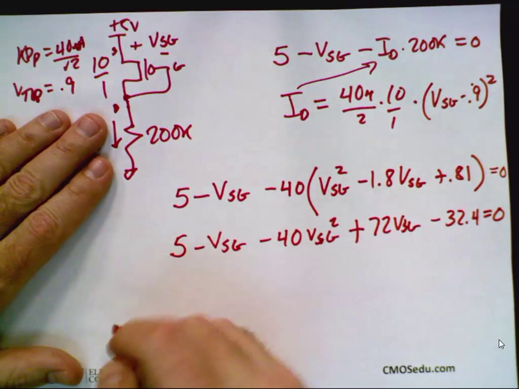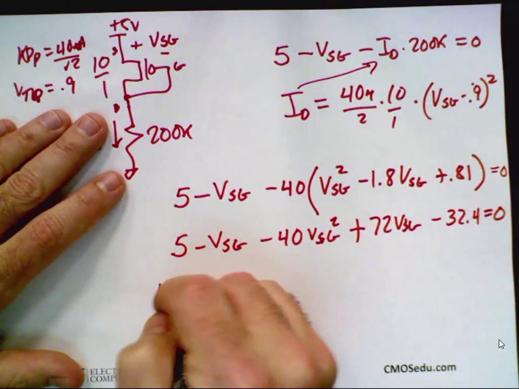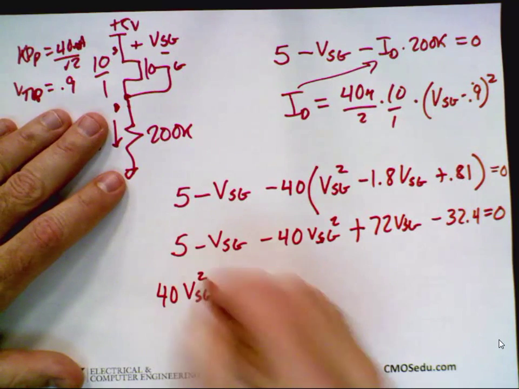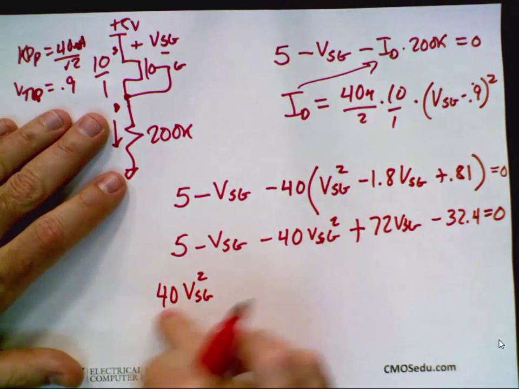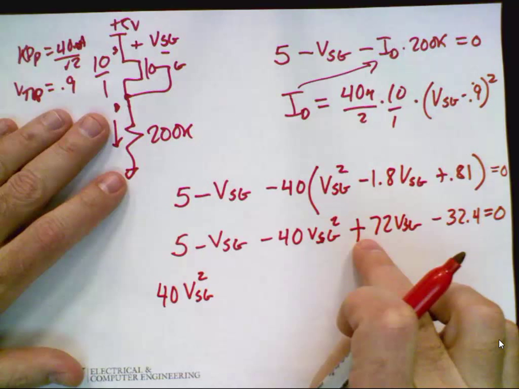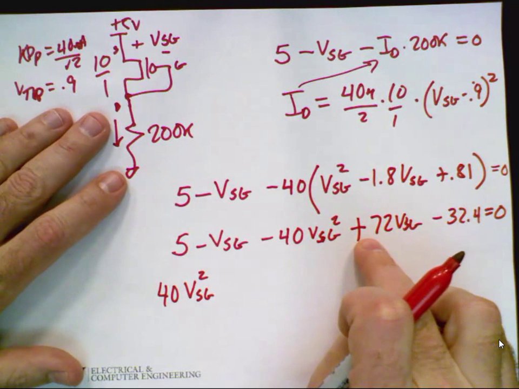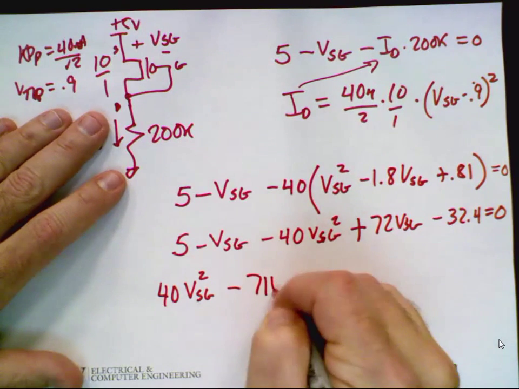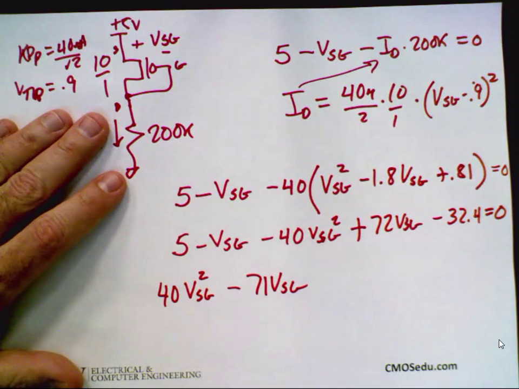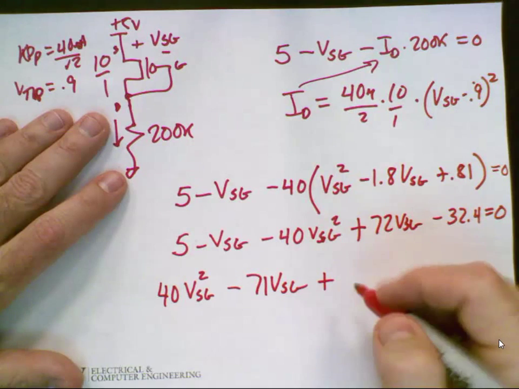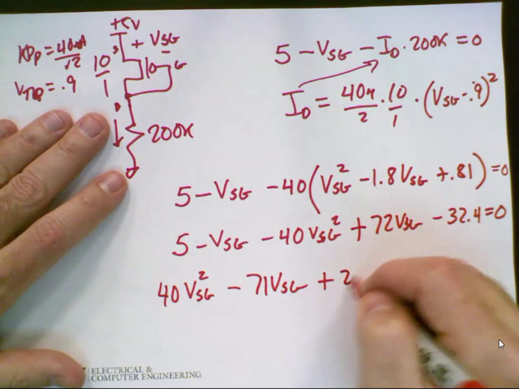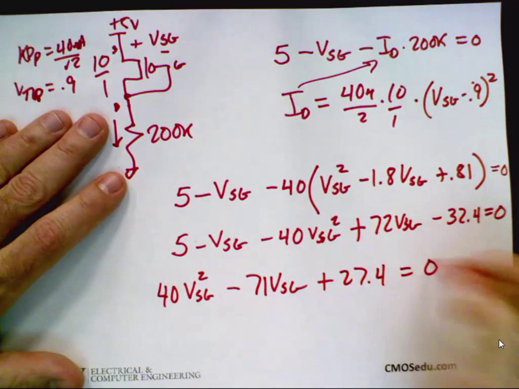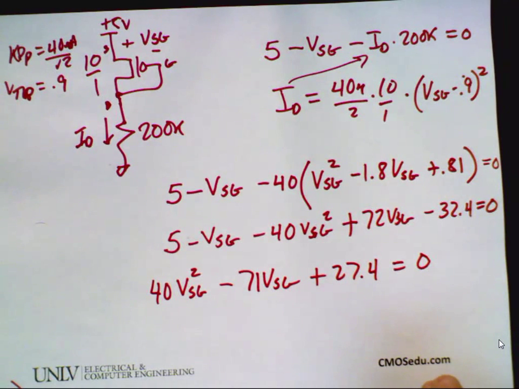And so then I can write 40 VSG squared. I'm going to multiply through by minus. And then that would be minus 71 VSG plus 27.4. Of course, you probably have one of those fancy calculators that does roots. I don't. I have the old Casio.